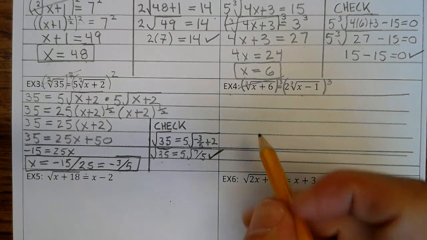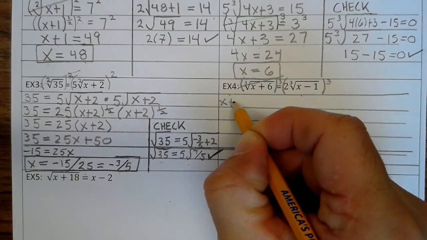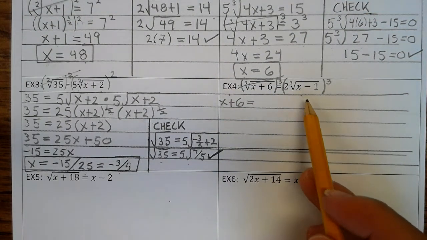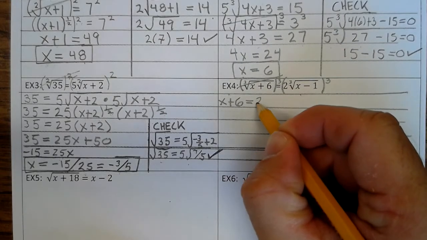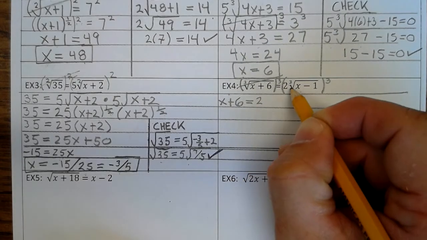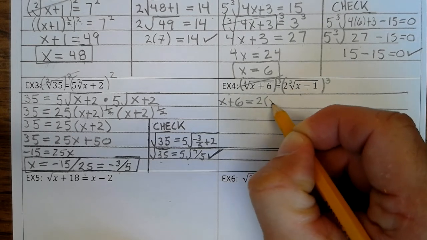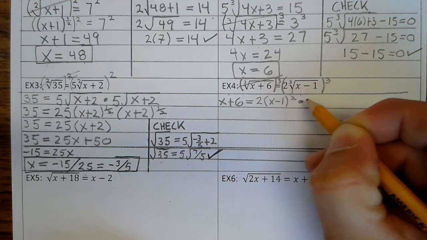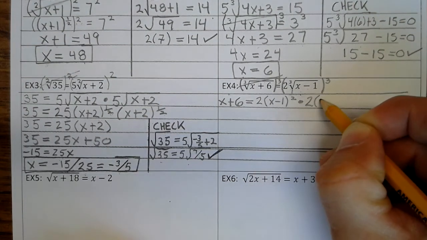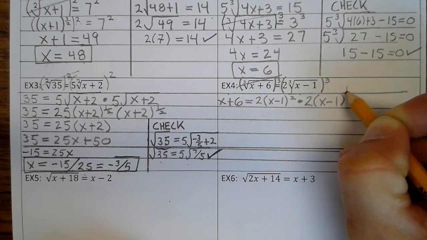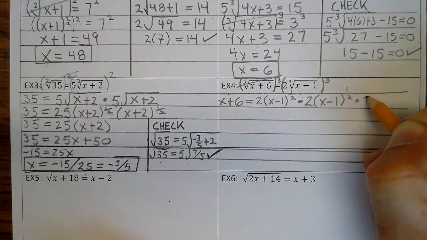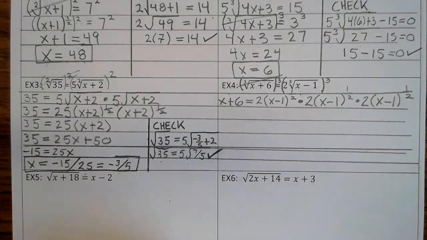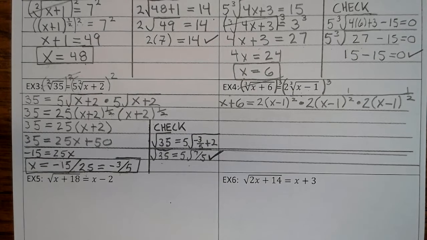This becomes the power of 1, so you get x plus 6 equals, now cubed, you're multiplying this by itself 3 times, so that's 2 times x minus 1 to the 1 half times 2 times x minus 1 to the 1 half times 2 times x minus 1 to the 1 half. I'm going to write the square root of x minus 1 as x minus 1 to the 1 half.